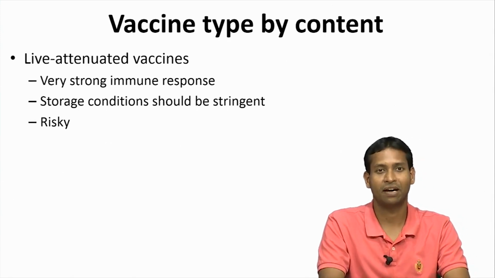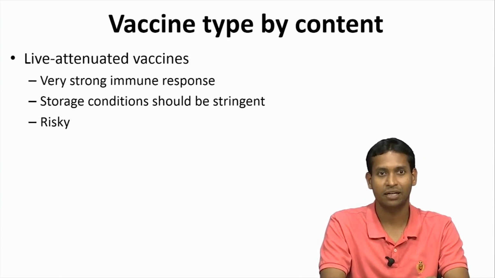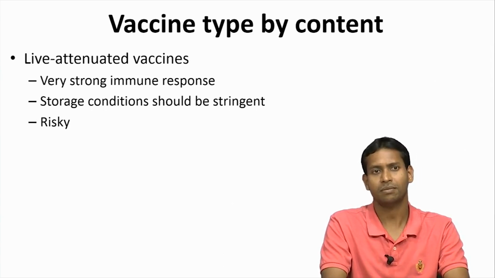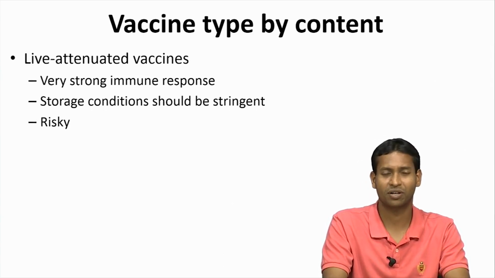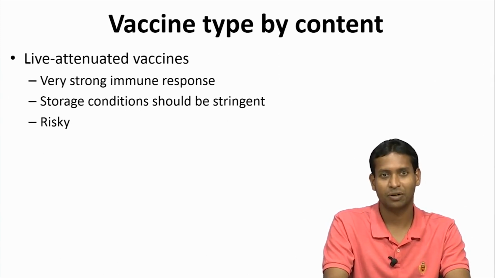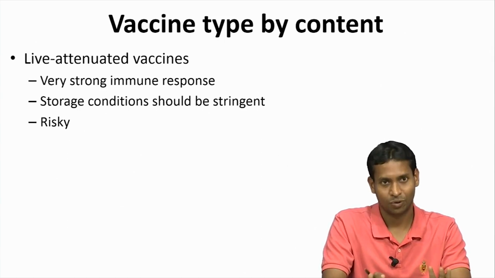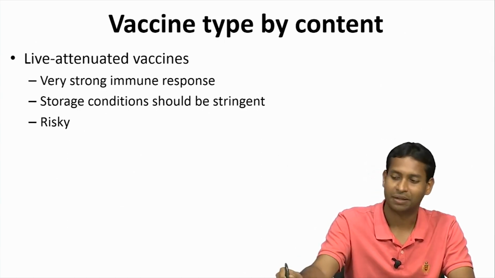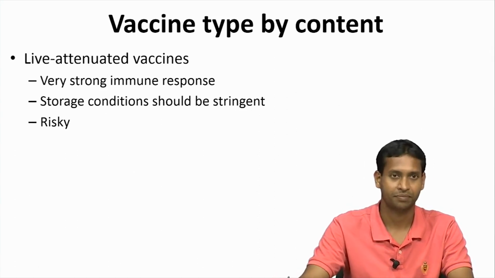In that case, the virus or the bacteria will have a chance to adapt to this environment and become virulent again, and that is why they are fairly risky, because if that happens, then like I said earlier, you are giving the disease to a healthy person or to a patient, which is a complete no. You do not want to do that.